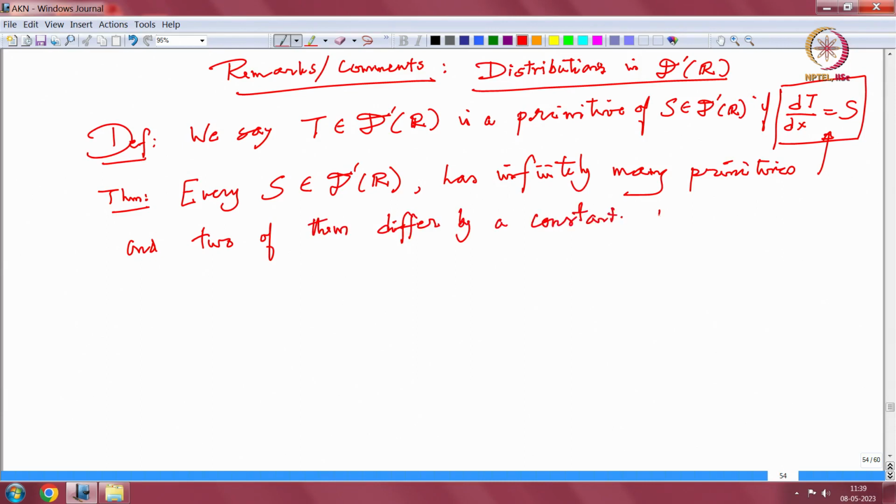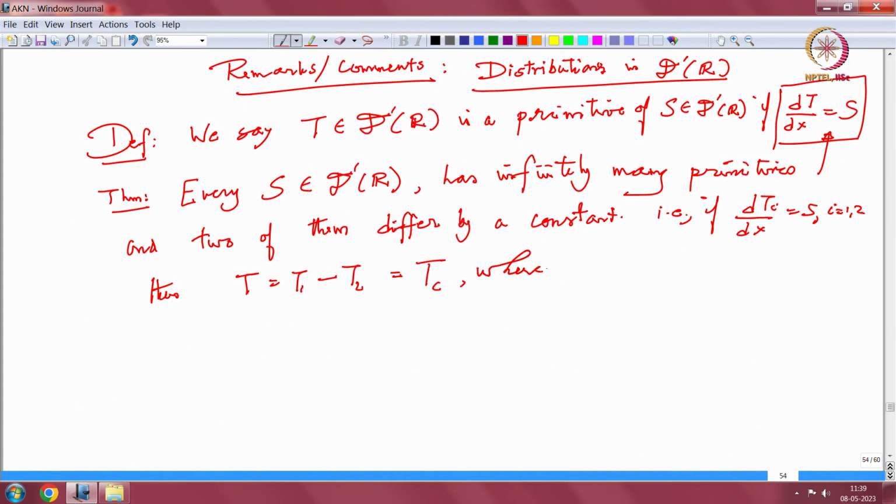Okay. That is, if dTi by dx equal to S for i equal to 1, 2, then T equal to T1 minus T2 is given by a constant. I will not write it in general, but when I say given by a constant, C is a constant.